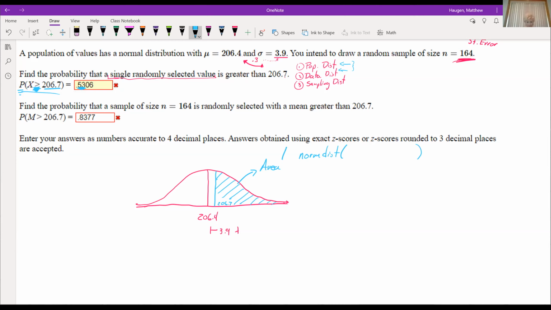So I would tend to do 1 minus that at 206.7. Is that the PDF or the CDF? For norm distribution, it's always CDF. Okay.